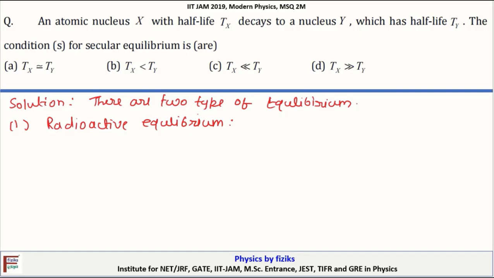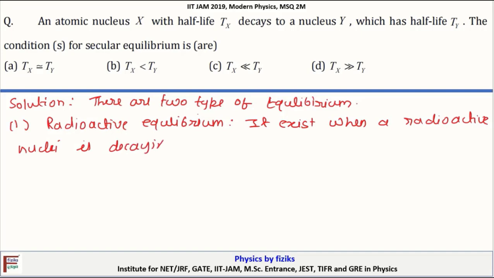that is, it exists when a radioactive nuclide is decaying at the same rate at which it is being produced.